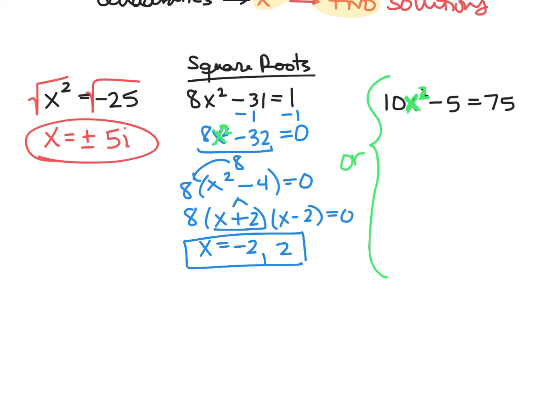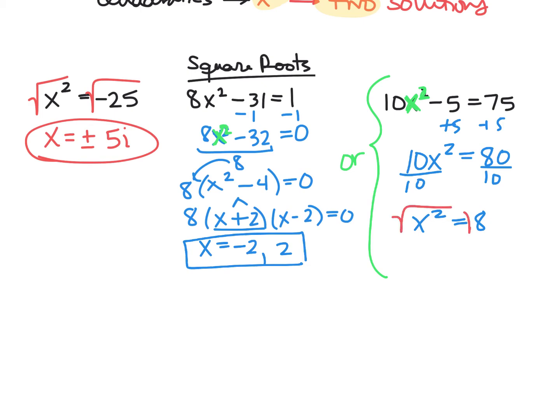To do that, I'm going to add 5 to both sides. That's going to give me 10x squared equals 80. And then I'm going to divide by 10. So x squared equals 8.